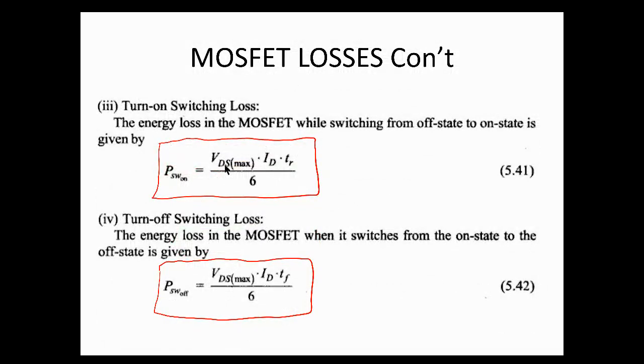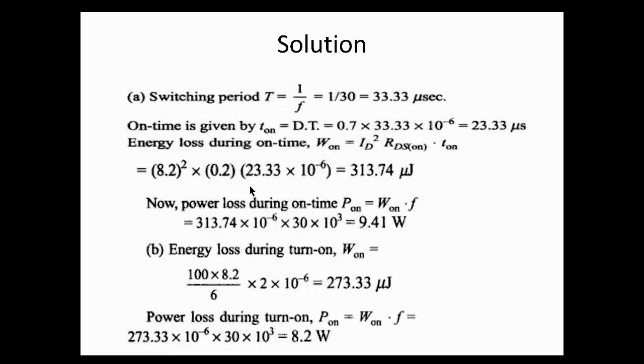So the switching loss during turn on is the maximum drain source voltage multiplied by the drain current, divided by the rise time, divided by 6. That's what you are substituting here. So that maximum voltage is 100, the drain current was 8.2. You had calculated that earlier on.